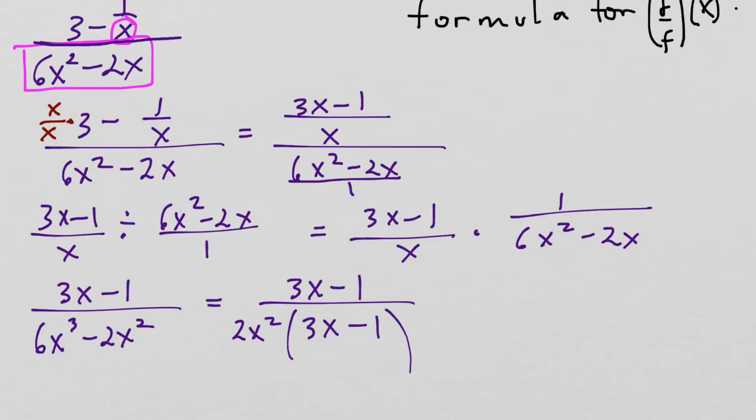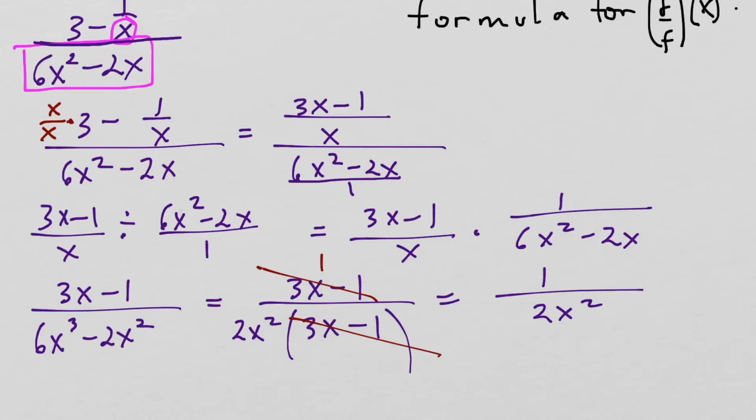All right, so you want to check your work here. 2x squared times 3x, that's 6x cubed. 2x squared times negative 1 is minus 2x squared. All right, so these two pieces here are going to cancel out. That leaves you with a 1 on top. So you've got 1 over 2x squared.